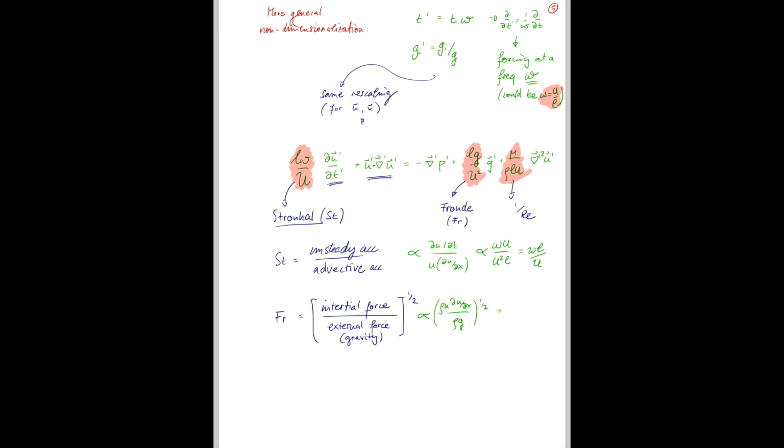And you can show that this is u over the square root of gL. And so this here really up here is the Froude number squared. And in many applications, the external force is small, so we are often in the large Froude number limit.